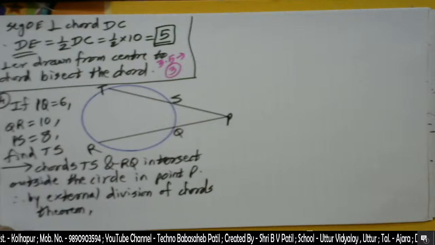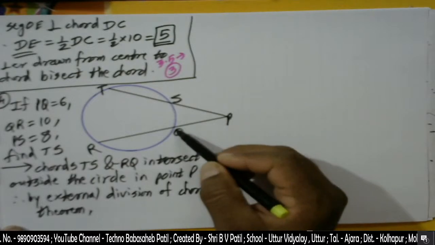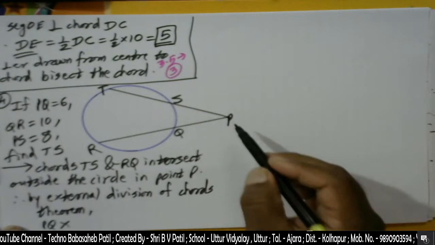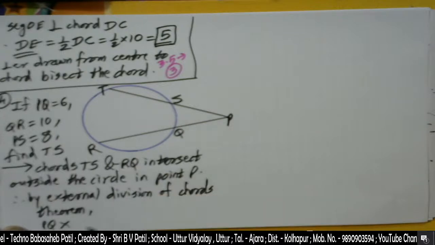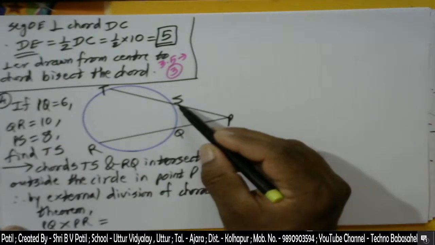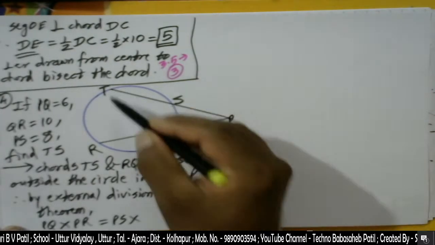By that theorem, what do we write? From P to first endpoint PQ, into P to second endpoint PR, is equal to P to first endpoint PS into P to second endpoint PT.